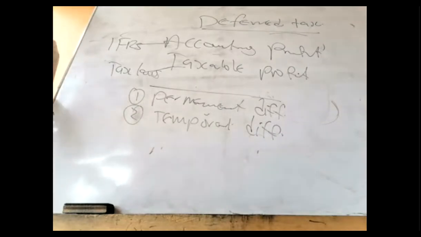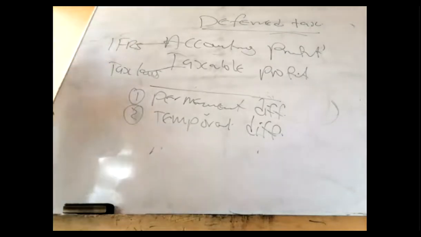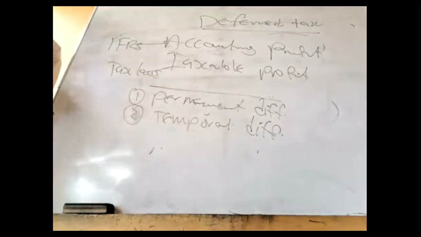So let's give an example. Some of the expenses that the accountant will include in the preparation of the financial statements, the tax authority will not allow. Example: entertainment expenses.